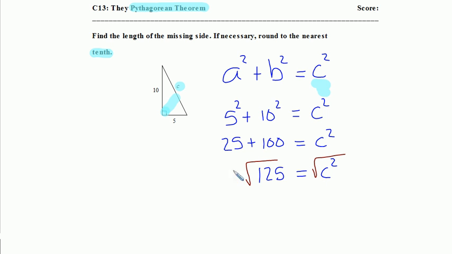Now technically here we'd get a positive and a negative square root in the equation, but we know that this distance is positive, so we're just going to keep the positive value. We don't need a negative value. And the square root of 125 rounded to the nearest tenth is about 11.2. So C is approximately 11.2. And we're not given any units, so we'll stop right here.